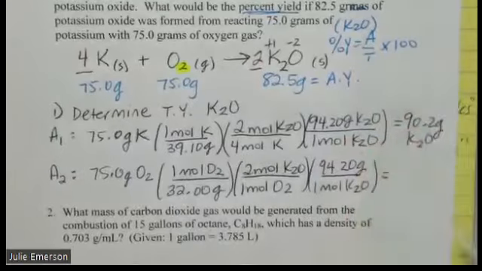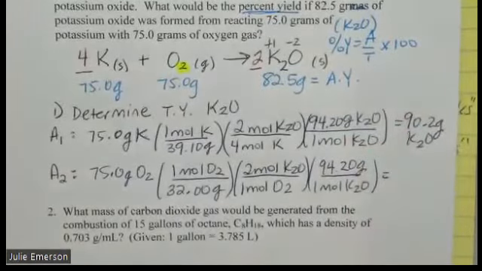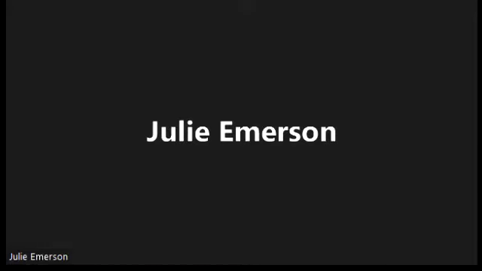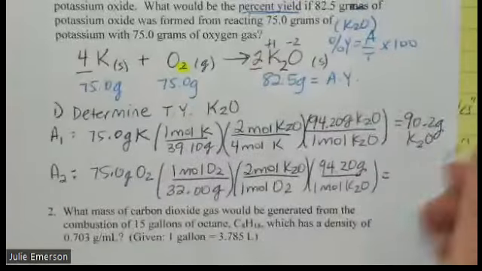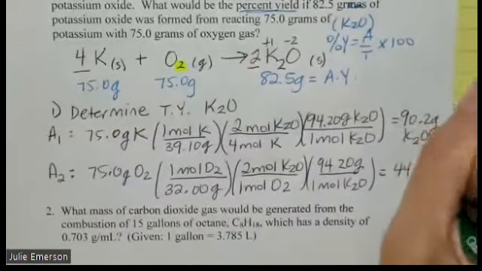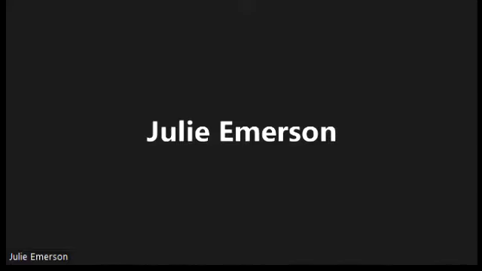So for this calculation, 75 divided by 32 times 2 times 94.20. I'll type it in one more time. 75 divided by 32 times 2 times 94.2. I get 442 grams of K2O.